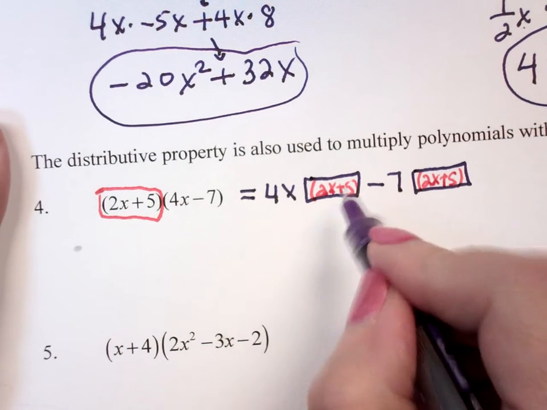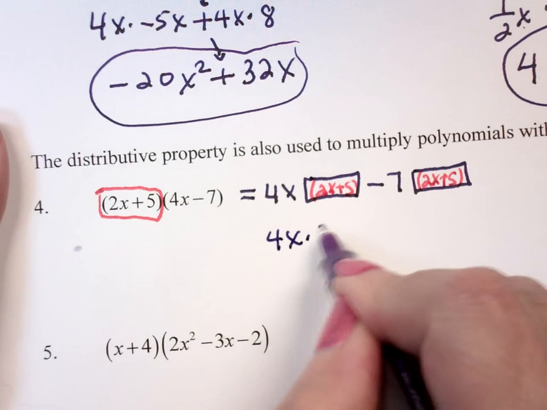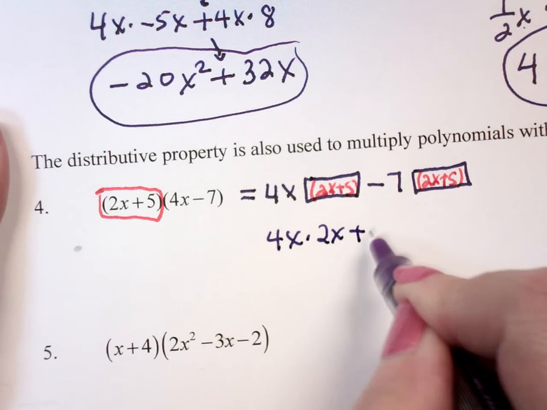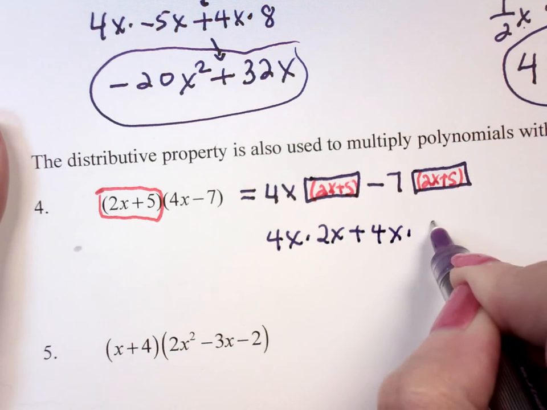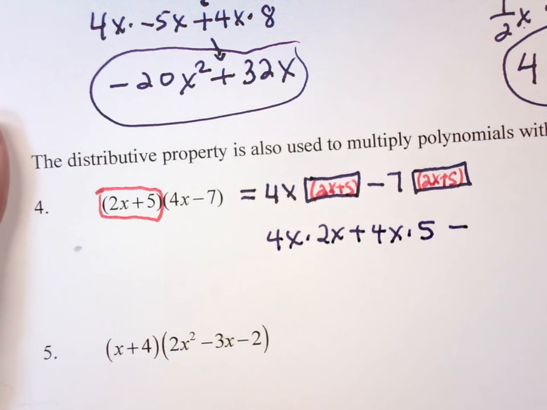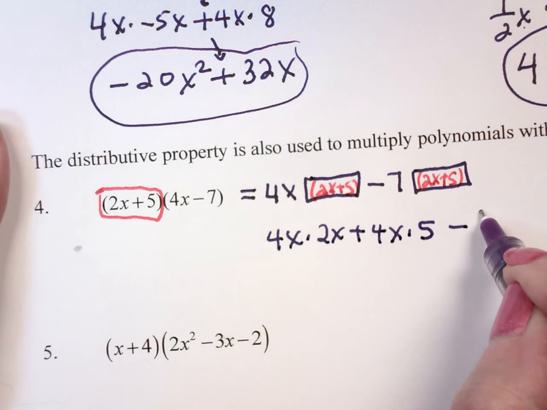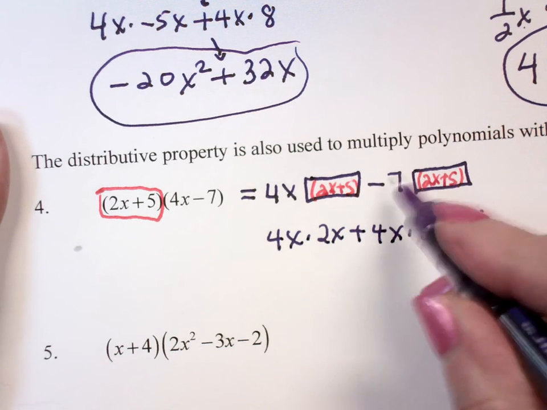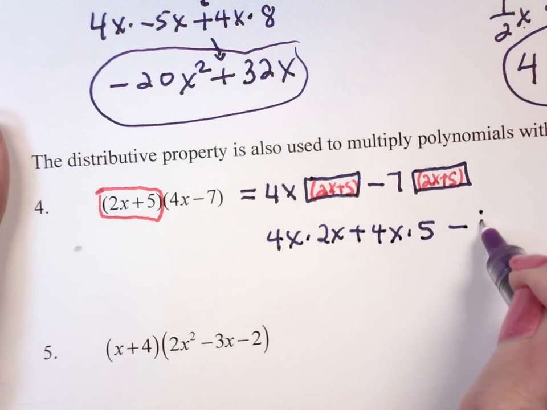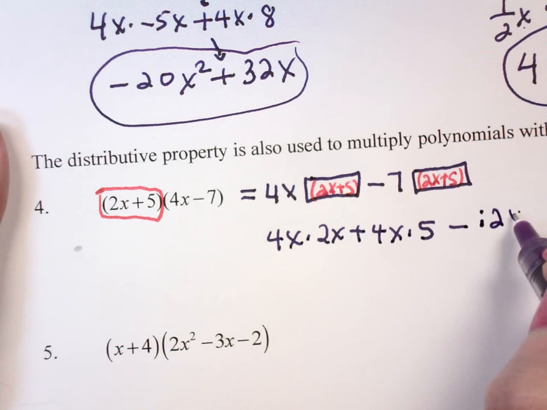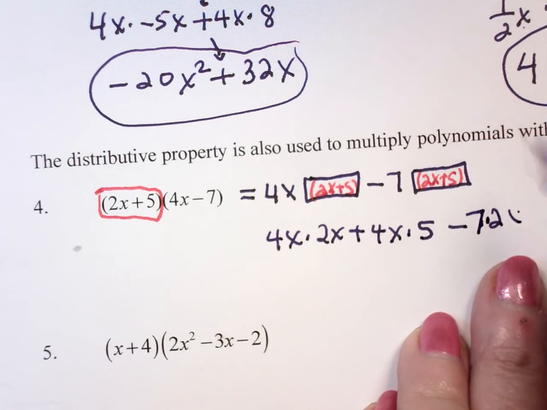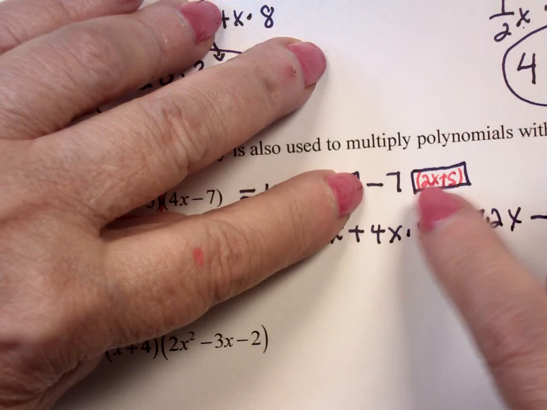This is 4x times 2x plus 4x times 5. Subtract. Minus 7 times 2x, and this is when you try to put it in individually, minus 7 times 5. Because what you're really taking through is a minus 7.